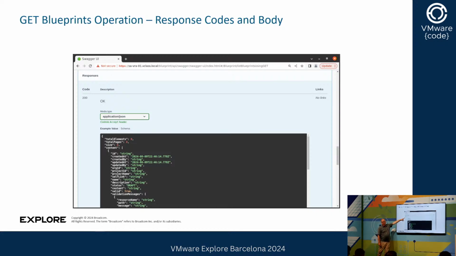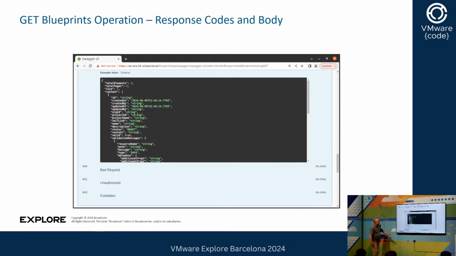But things don't always work the way you want. You're not always going to get a 200, so let's scroll down and look at more response codes. You might get a 400, meaning there's something wrong with your request. Or if you get a 401, that means you're authenticated, but you don't have the privileges to do what you're trying to do.